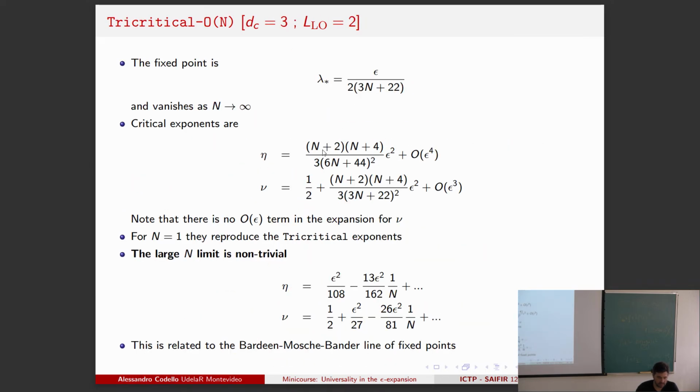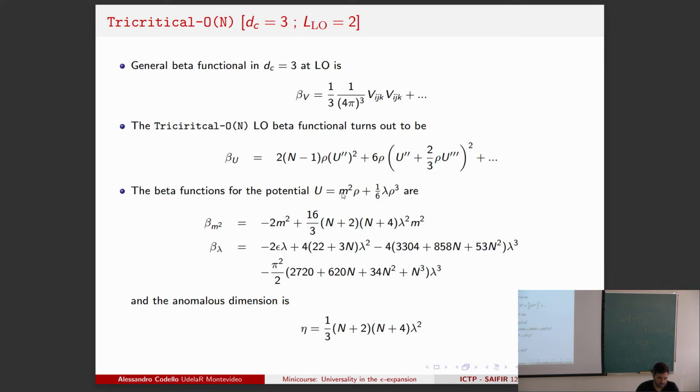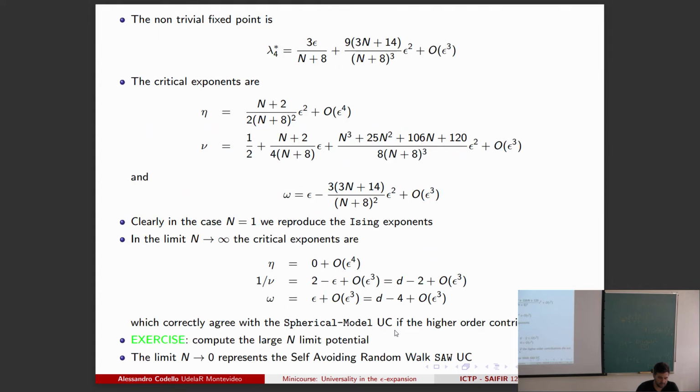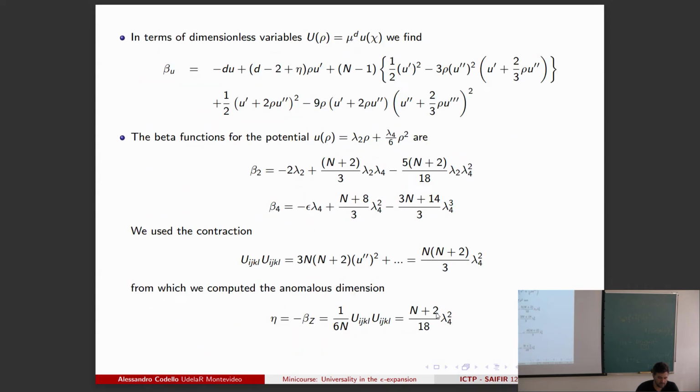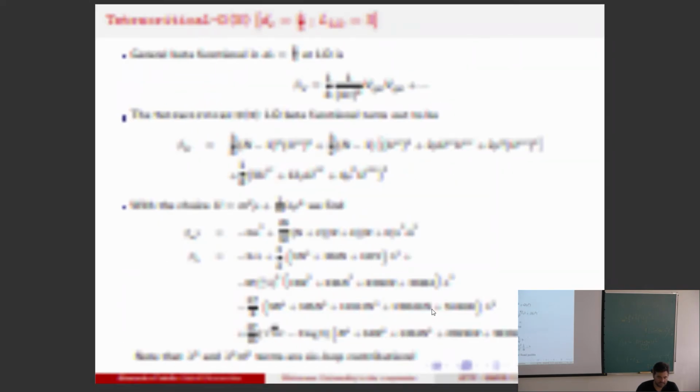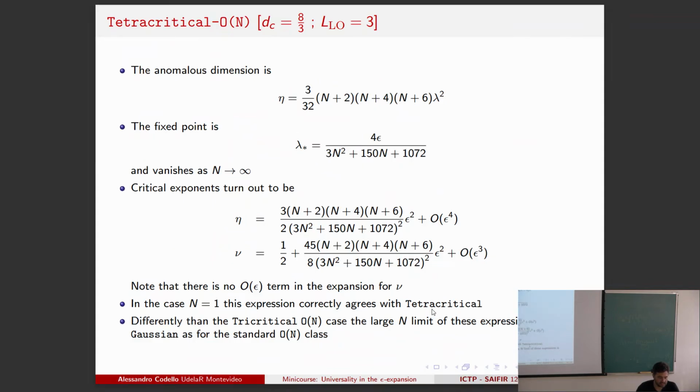Where is it? n plus 2, n plus 4. And here is n plus 2, so you see that there is this pattern, and there is a coefficient in front, and then there is this pattern of n. The fixed point has this property, and it also goes to 0.